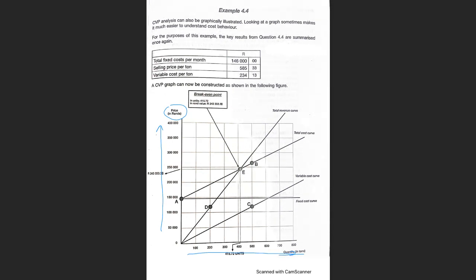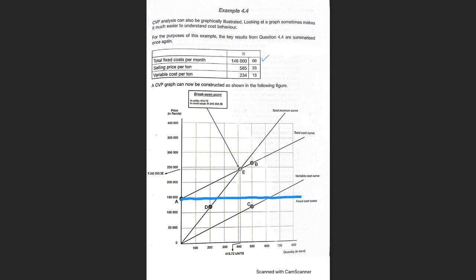So then we're looking at plotting first your fixed cost curve. So your total fixed cost was 146,000 Rand. Remember, this remains the same regardless of the number of units being produced. So it is going to be a horizontal line, which you would then have seen here as the line running across at 146,000 Rand.